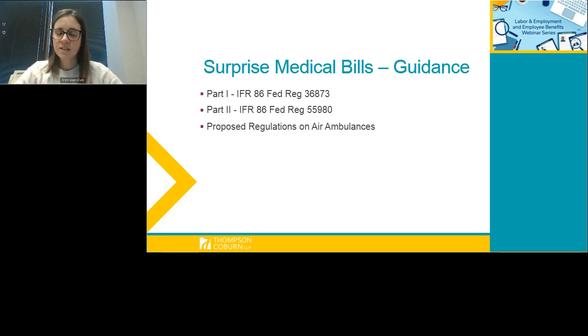Part 1 talks a lot about participant cost sharing and how the costs are going to be determined. And Part 2 talks about the internal dispute resolution, which is how providers negotiate the final amount that the provider should be paid for situations in which there was a surprise medical bill.